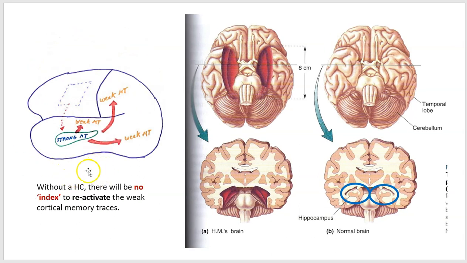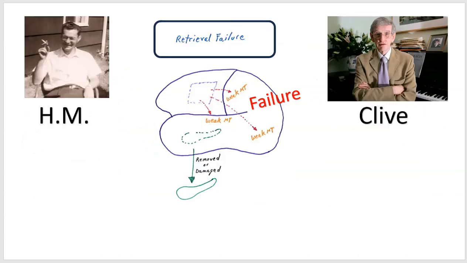And furthermore, if you don't have a hippocampus, you can't use the hippocampal memory trace, the index, to reactivate those weak cortical memory traces. So HM can't form the hippocampal memory trace because he doesn't have a hippocampus, and he can't use the hippocampal memory trace to reactivate the cortical memory traces because he doesn't have a hippocampus.